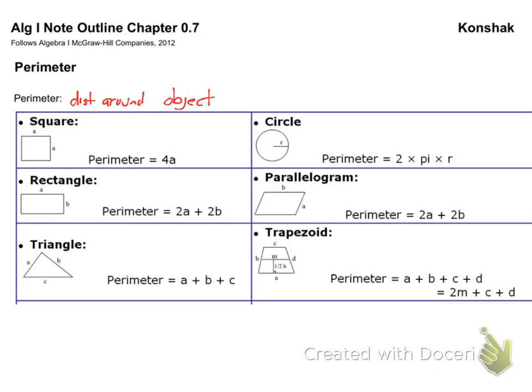It's the exact same thing as if I start on this corner and go A plus B plus A plus B, and back up, right? Two A's and two B's adds up to 2A plus 2B. It happens that for a square all of them are the same variable, that's why you get a square, same size. It's 4 times that variable A.